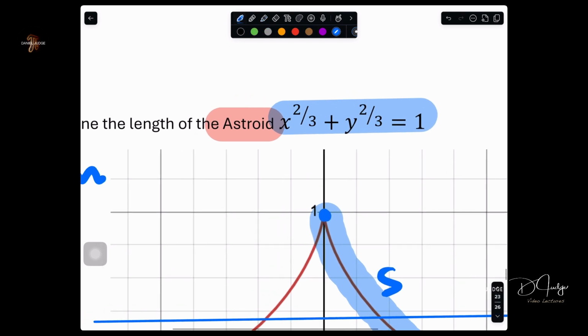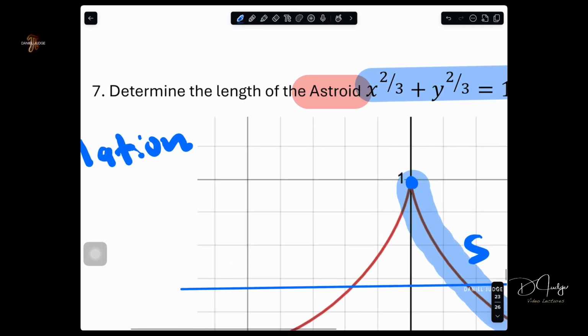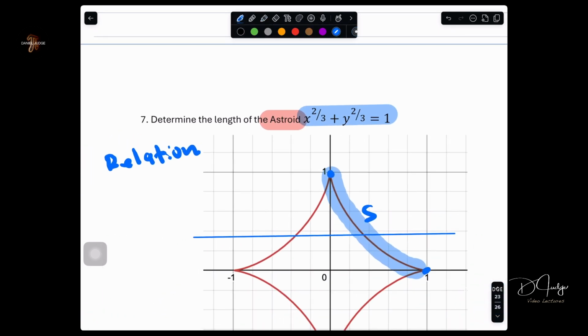Now, what you do is you have to use implicit differentiation. So remember, to get y prime, we're going to use implicit differentiation on that curve.